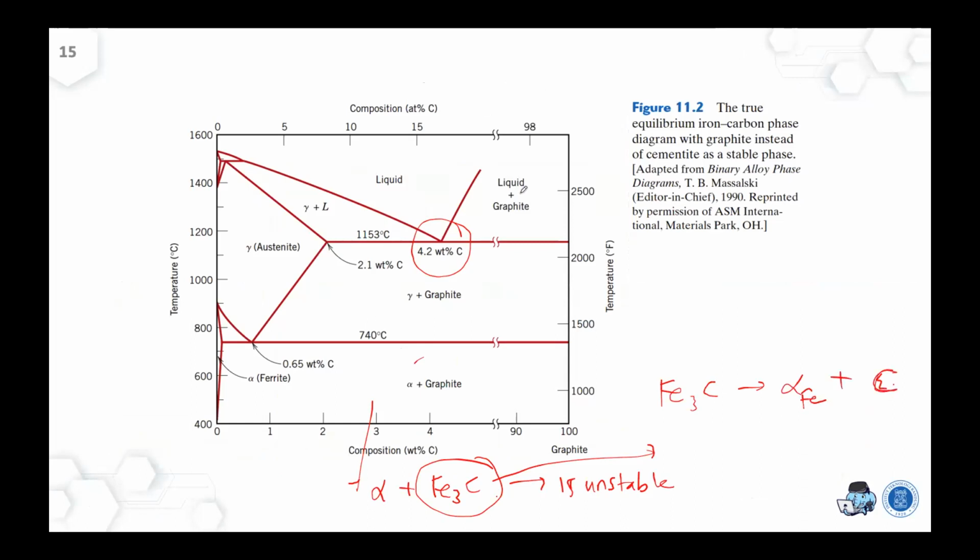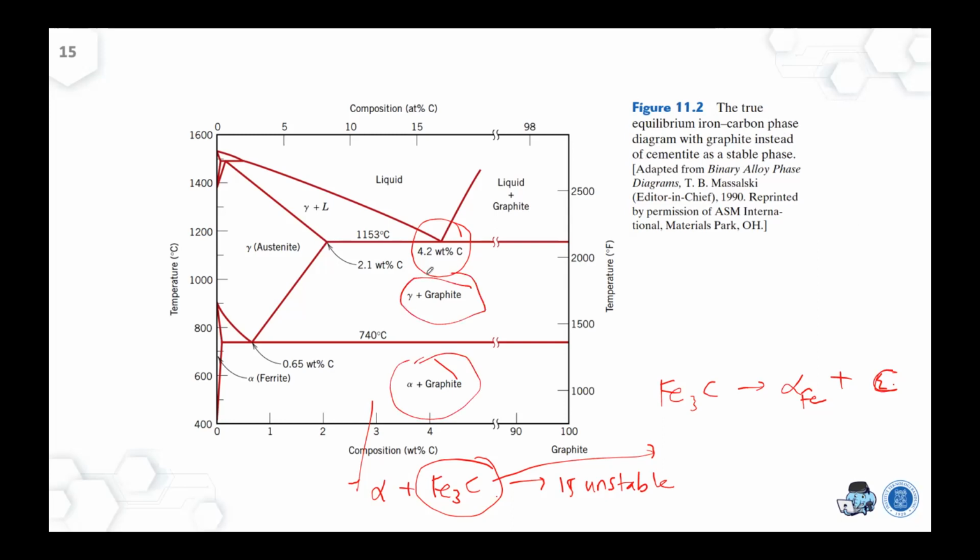Okay, so this is the true equilibrium iron and carbon phase diagram, with graphite instead of cementite as the stable phase. So at lower temperature you get alpha and graphite, and at high temperature you have austenite and graphite.